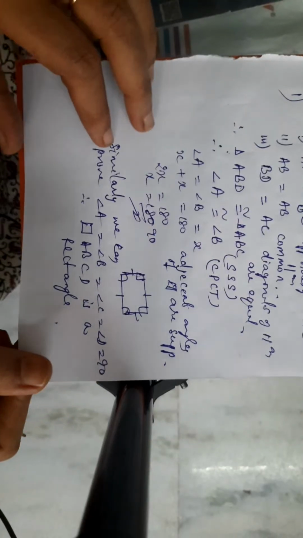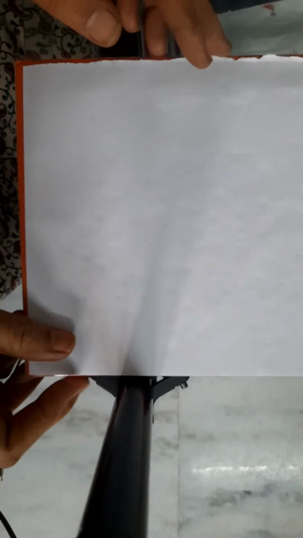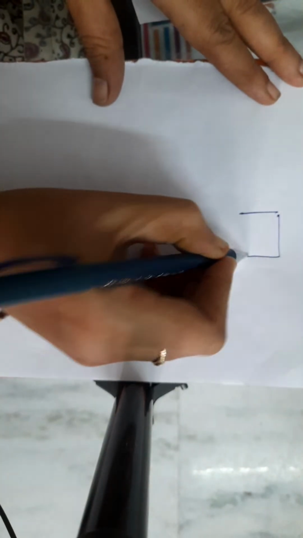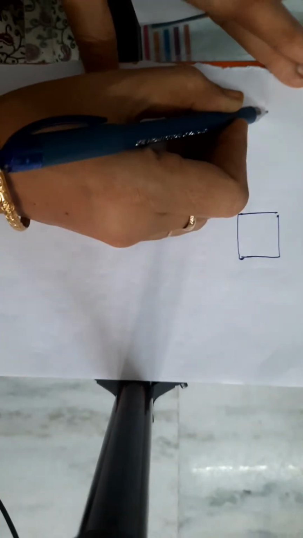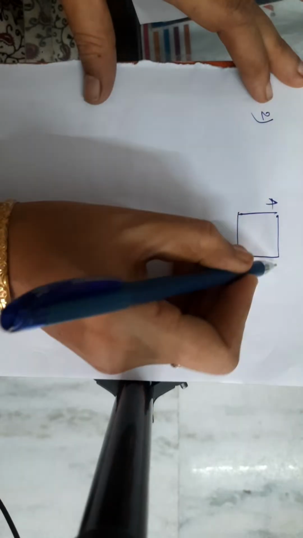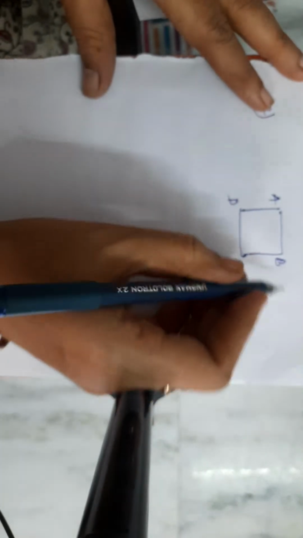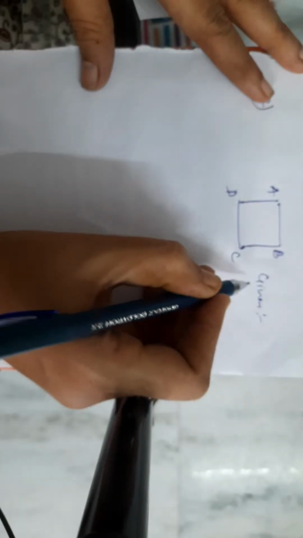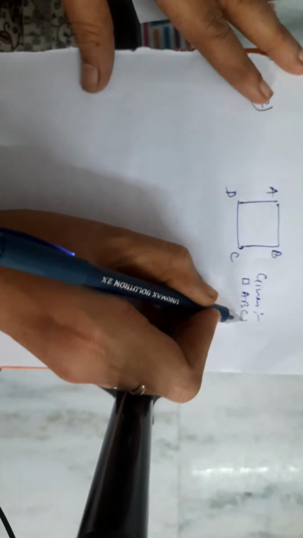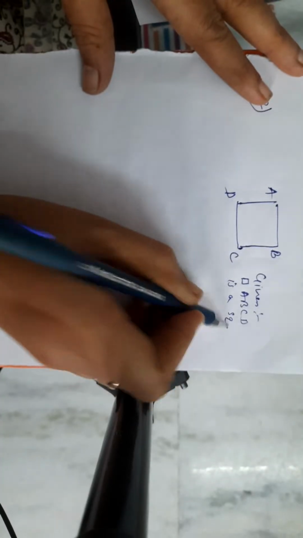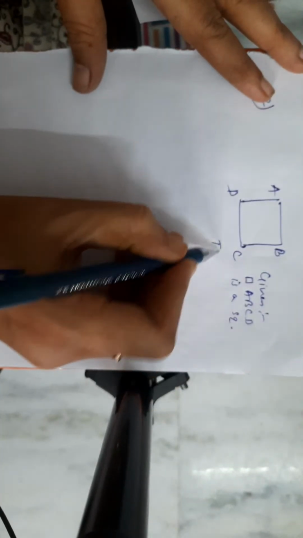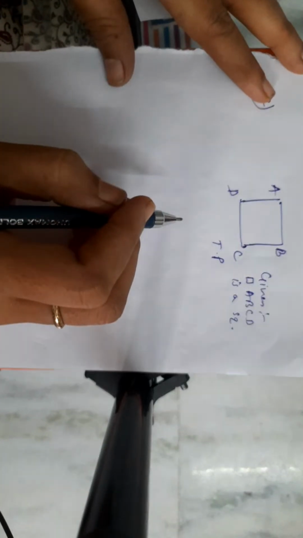Now in the second question, it is asked, show that the diagonals of a square are equal and bisect each other. We need to prove that the diagonals of a square are equal. Here it's given ABCD is a square. Read the question and fill out the given and to prove.